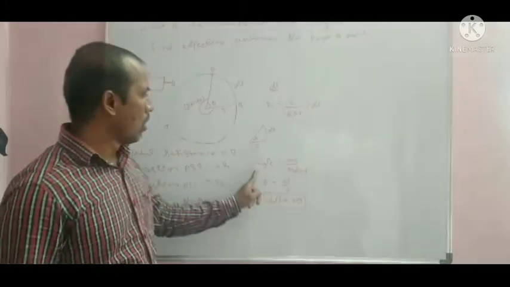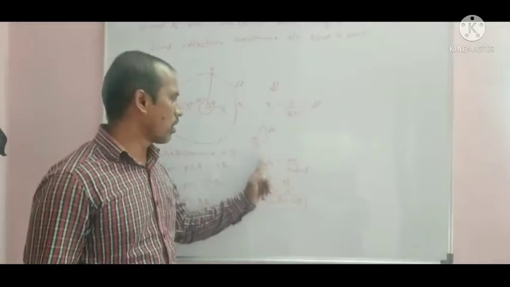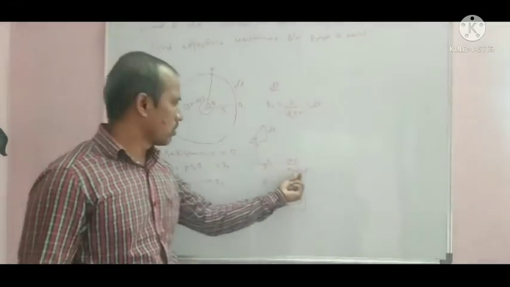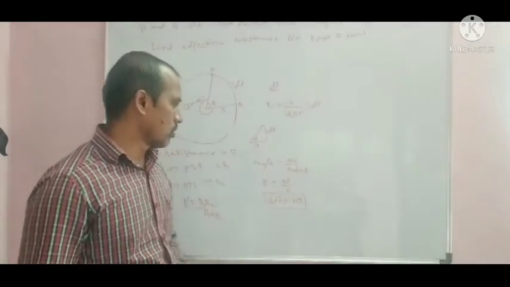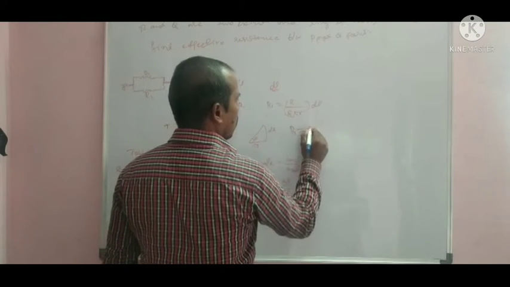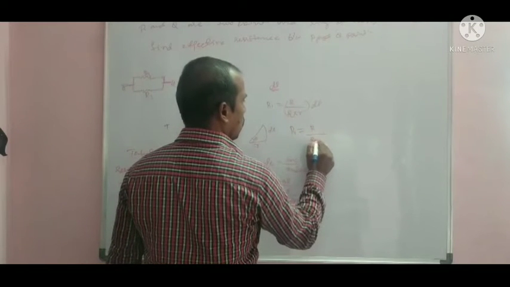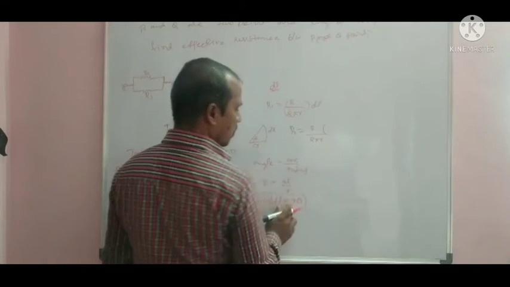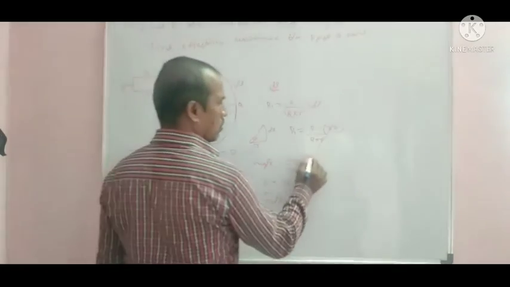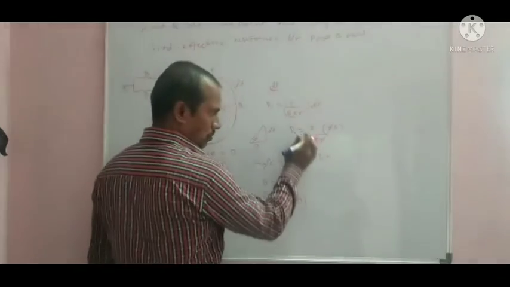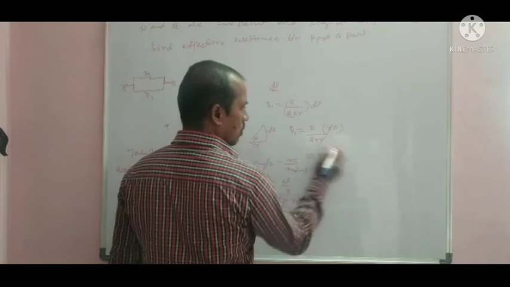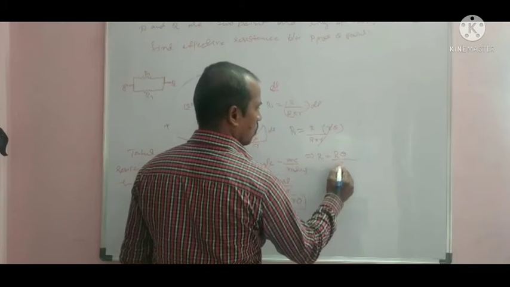Substituting, R1 is equal to R by 2 pi r into r theta. The r gets cancelled, simplifying to R1 equal to the total resistance of the ring times angle by 2 pi.